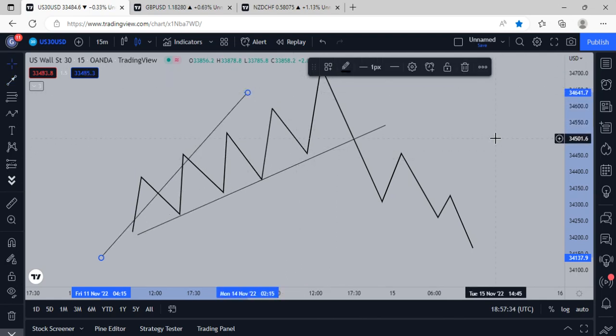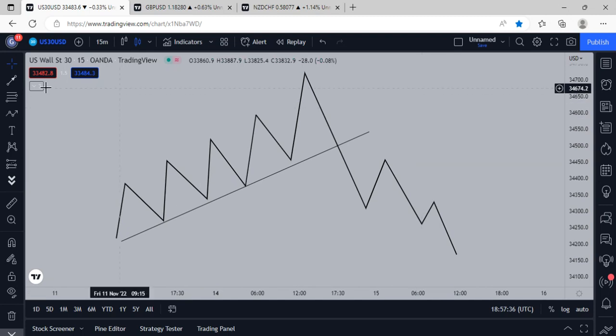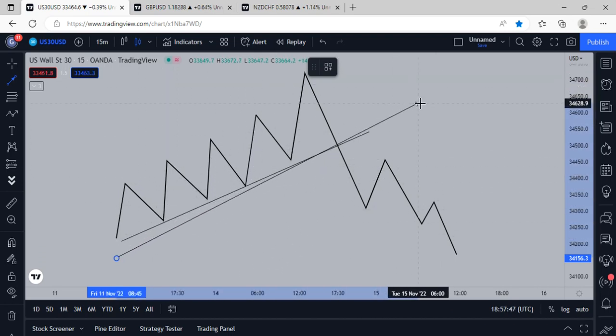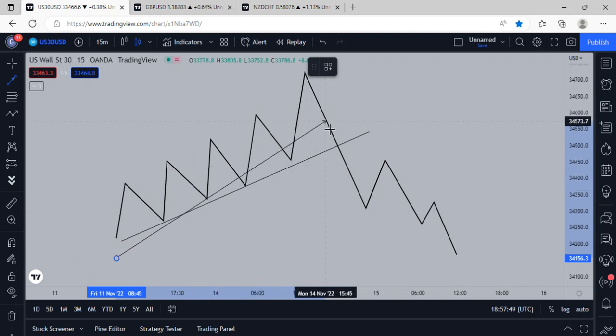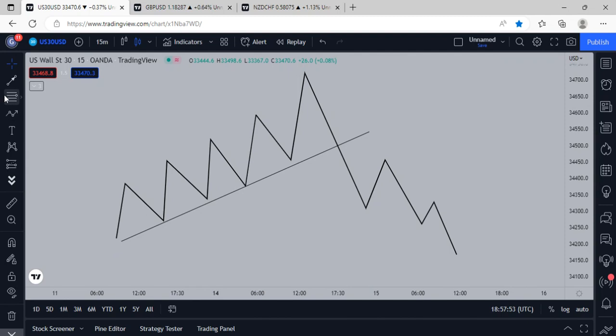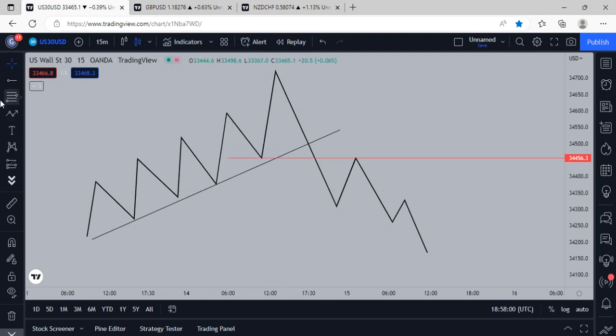That's what price is doing. Now when it does that, it will create some sort of a line, and this is what we call a trend line, and this is a buying trend line, okay. Price is going in the upward direction, creating this line over here, which we call a trend line. And when price breaks this line, this is what we call a break of structure, all right, because the structure was a buying trend, okay.